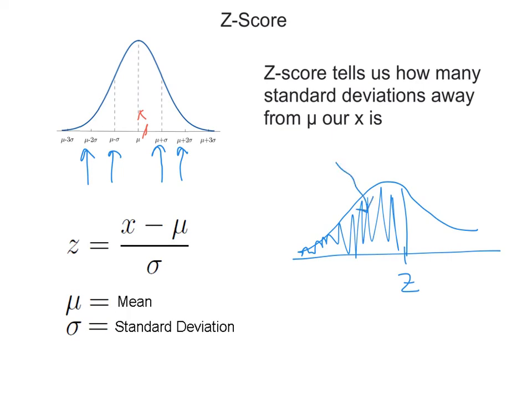If the problem is looking for the area greater than z, you'd have to take 1 minus the area you find in the chart in order to find the area to the right of z. The area to the left of z will always be given in your chart.